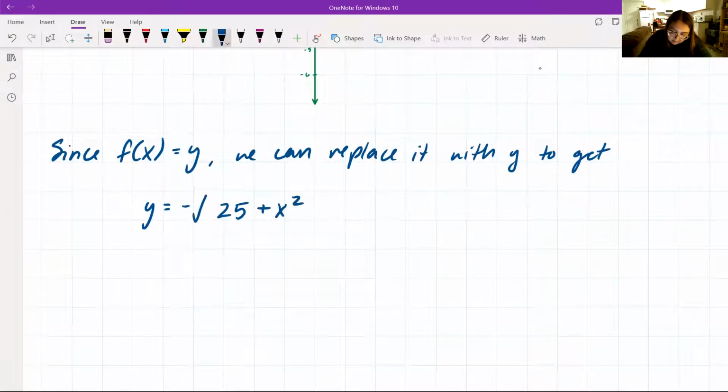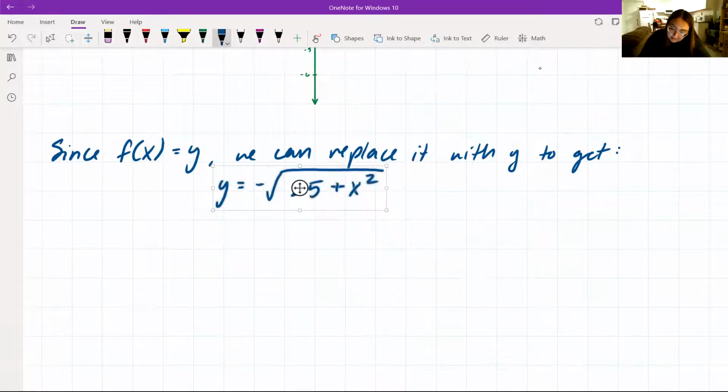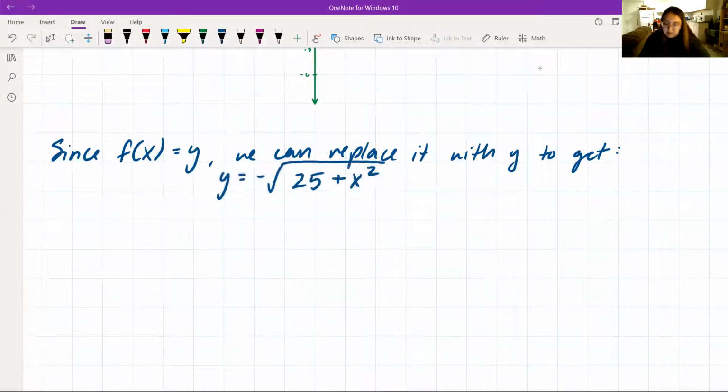Did not have to be that big. There we go. So now we have this equation of y is equal to negative square root of 25 plus x squared.